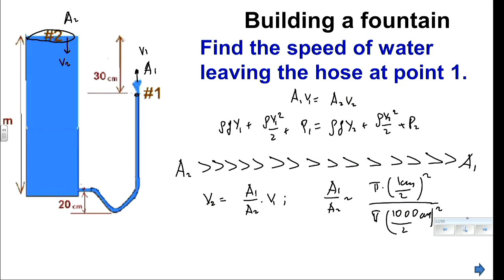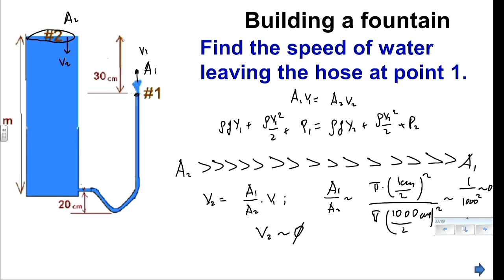Pi is getting canceled, 2 and 2 getting canceled, so this ratio is about 1 over 1,000 squared, which is 1/1,000,000. So this is practically zero. Which means we can neglect the motion of the surface in the tank. It is practically zero, it's negligible. So V2, no matter how fast water travels when leaving the hose, this is practically zero. And we know the more zeros, the better.